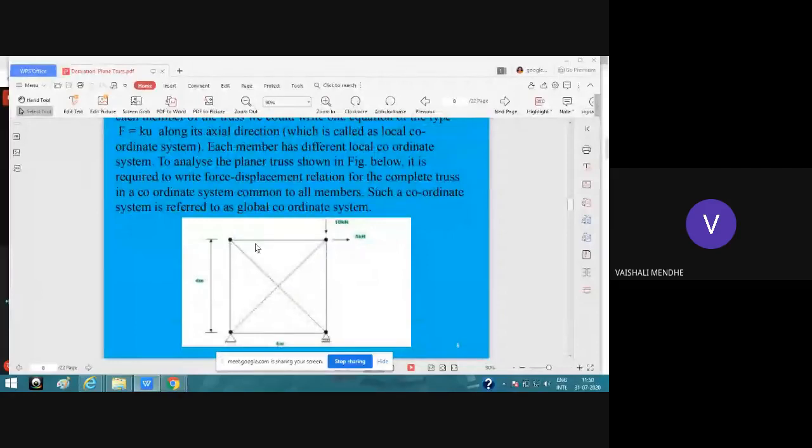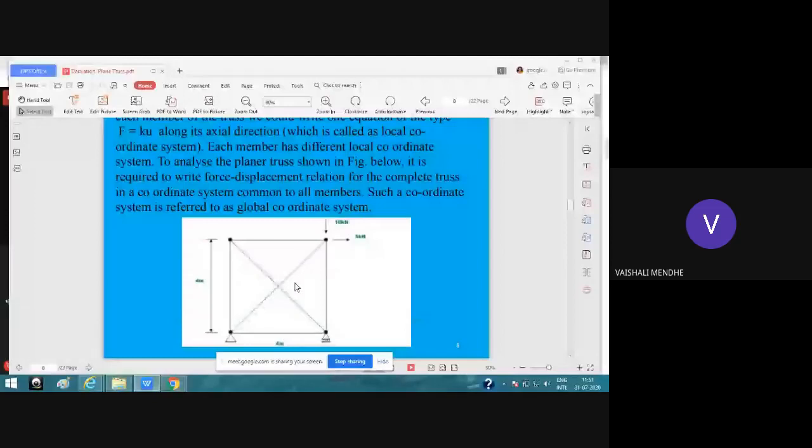As there are 6 members, there are 6 local coordinate systems, one for every member. But the global coordinate system is the same for the whole structure.